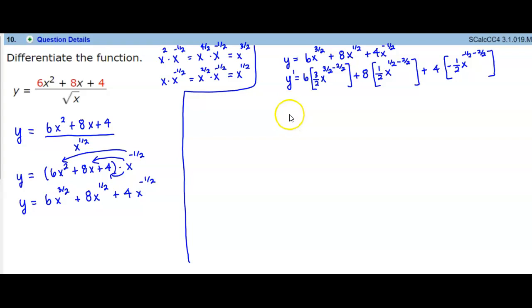Okay, so now when we multiply this all out, we know that 6 times 3, which is 18, divided by 2, which gives us 9.